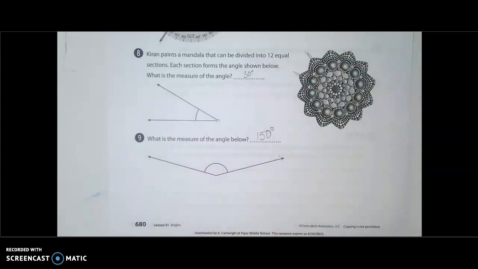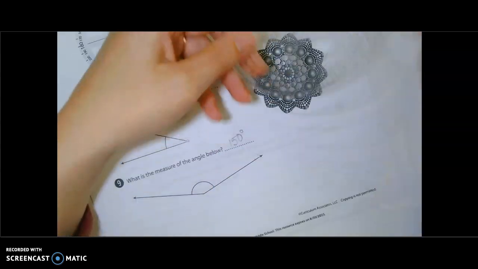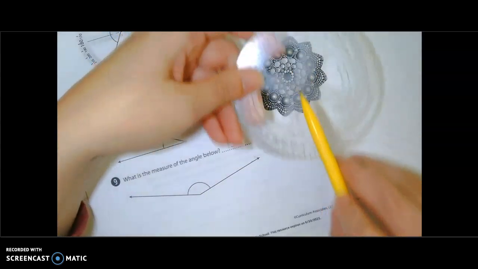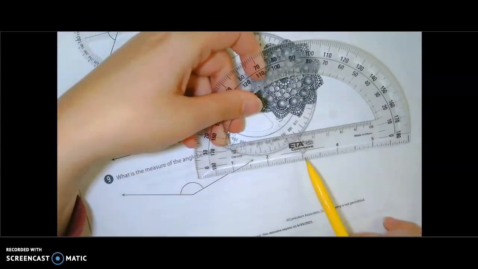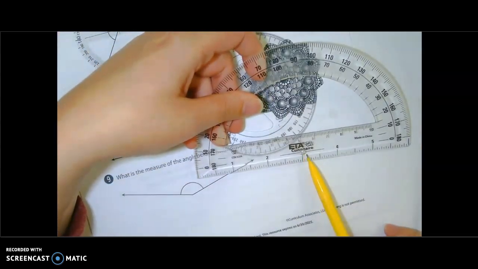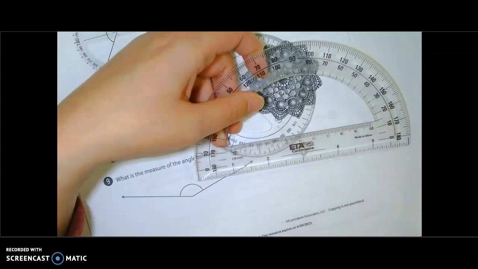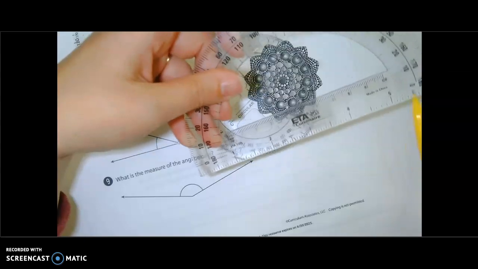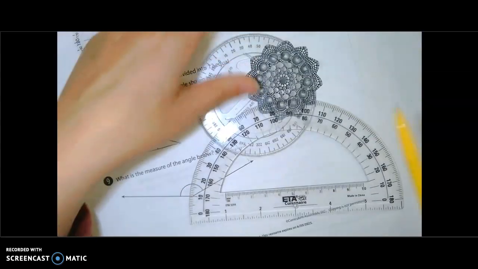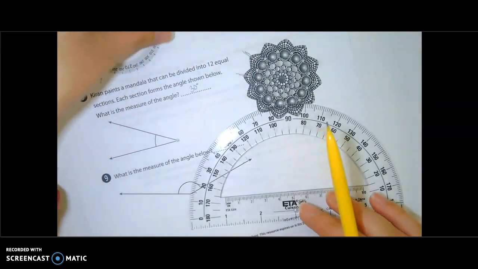Okay, I hope, a couple of things, right? That circle, right there, in this one, has to line up with the vertex. If it doesn't line up with the vertex, you're going to be off. And then this line right here matches with this 0 degrees, and that 0 degrees.